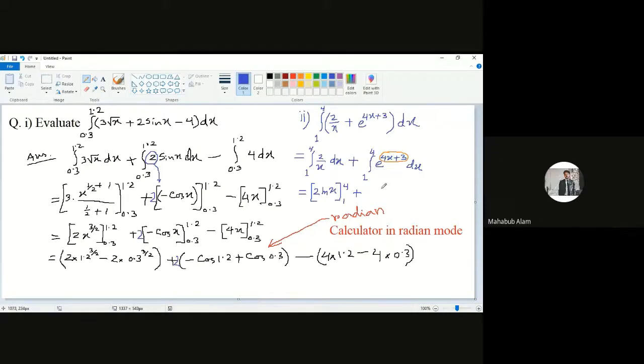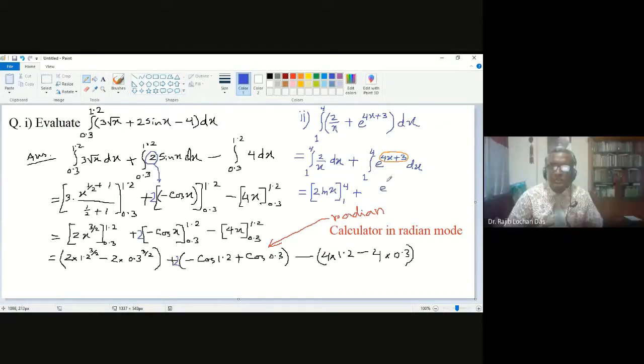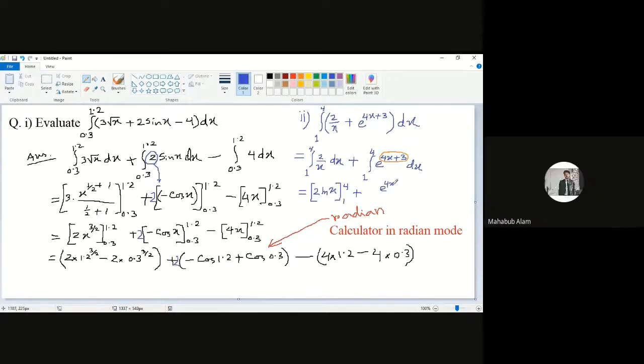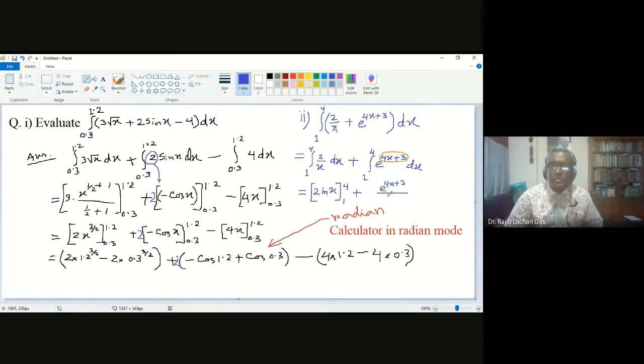So e to the power 4x plus 3, and then divided by d/dx of 4x plus 3, so divided by 4. Yes, it is correct. So 4 is coming from d/dx of 4x plus 3. So this is the thing you can write. It is written here because it is function of function concept. So you use the third bracket here and the limits 1, 4.